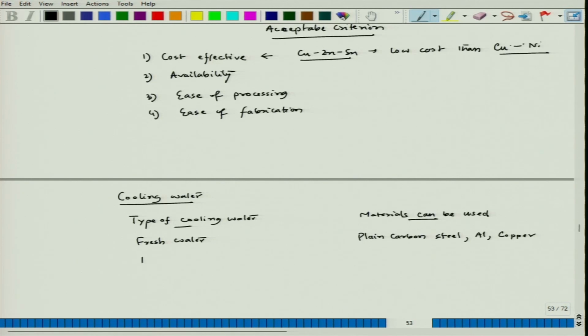Now, when we talk about polluted fresh water, there I cannot use plain carbon steel or aluminium, I can use a copper based alloy like Admiralty.